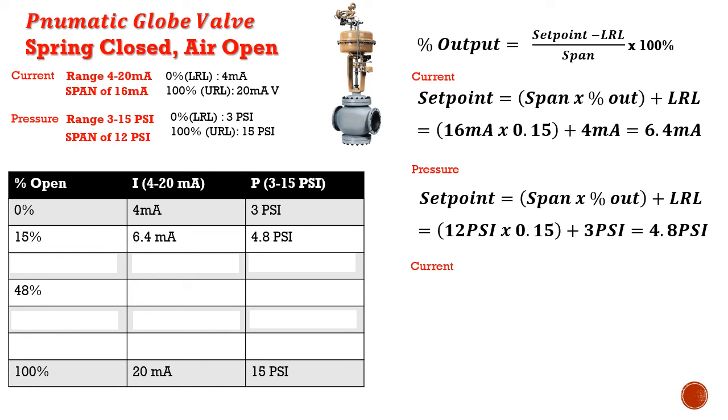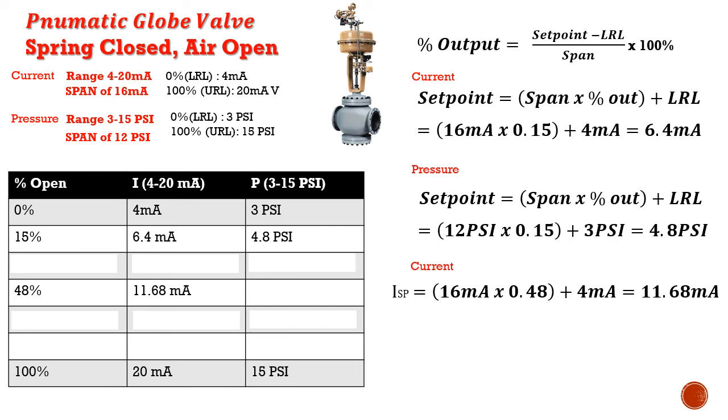So if we were exactly at 50%, it would be somewhere around 12 milliamps, but we're slightly less than 50%. So we should be slightly less than our 12 milliamps. When we take our 16 milliamps, multiply by our 48% and add 4 back in, sure enough, we're slightly less than 12. That gives us 11.68 milliamps.